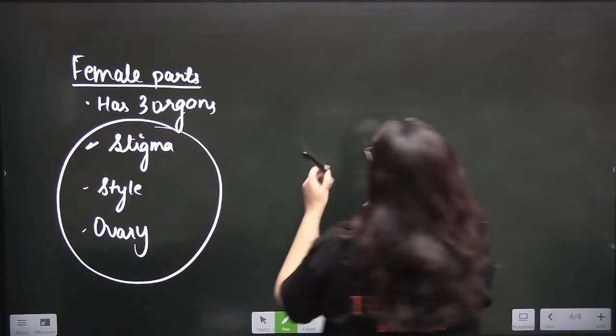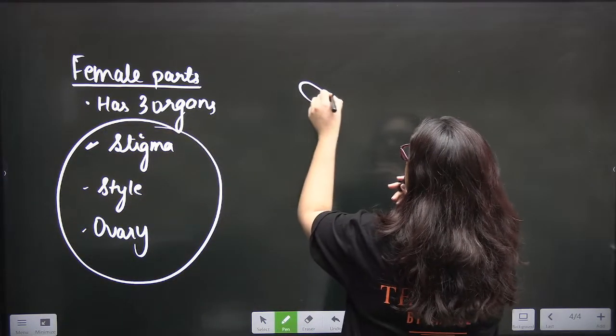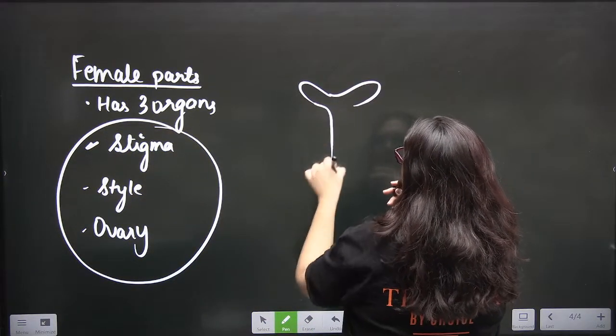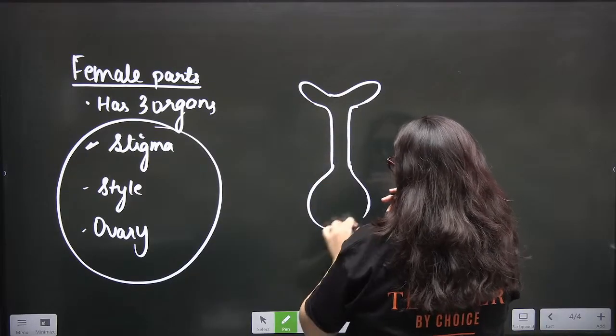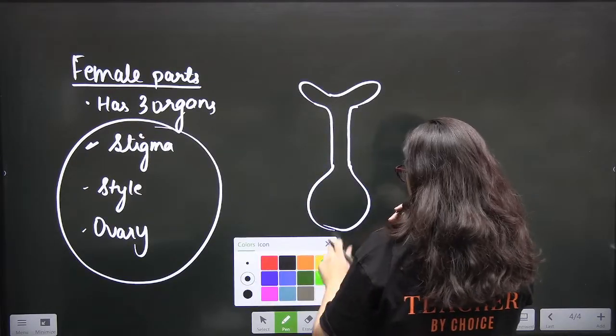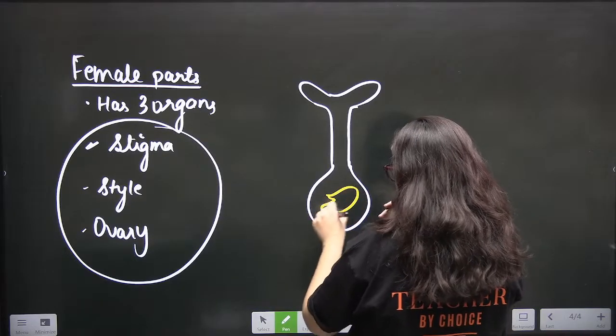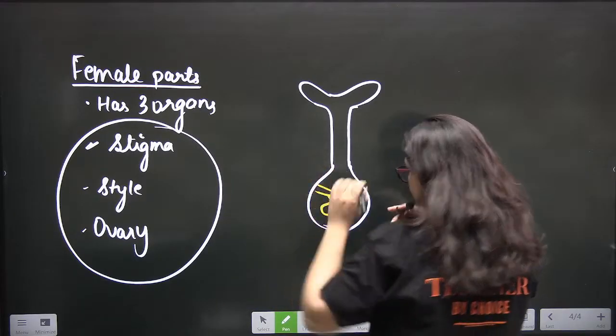Let's draw the diagram. Stigma, which is a recipient for the pollen grain, style, a long tube, and this is ovary. Inside the ovary, there is an ovule, and the placenta also.